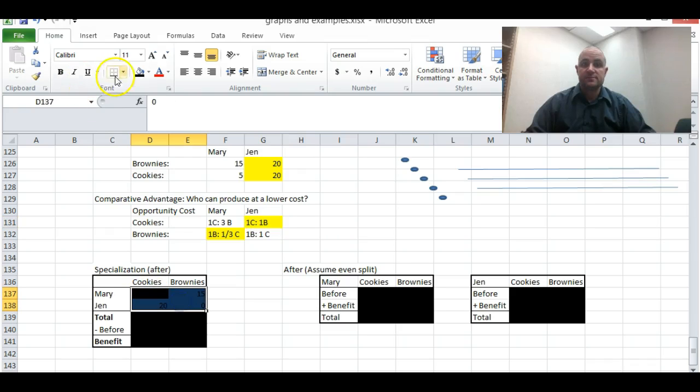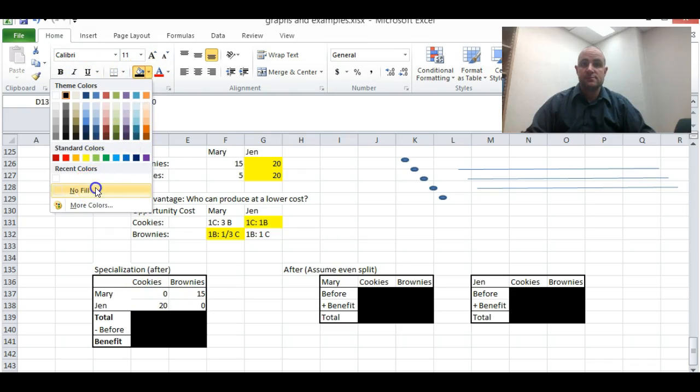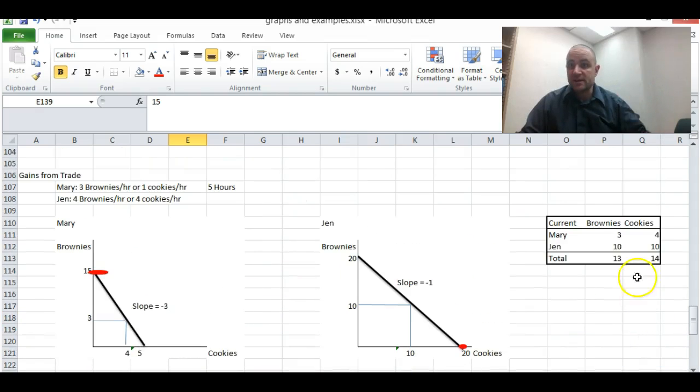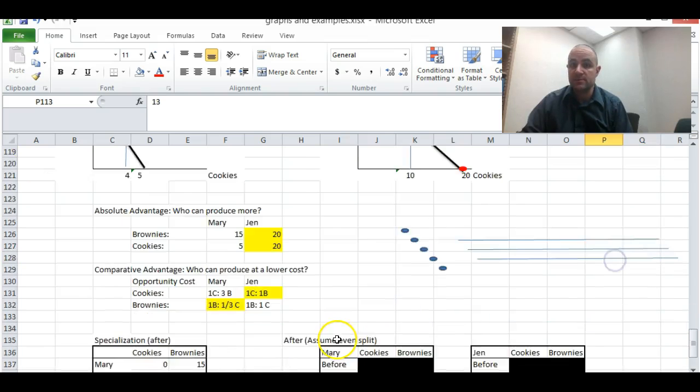Look down here, it looks like that. Mary's making no cookies, 15 brownies. Jen's making 20 cookies, no brownies. In total, they have 20 cookies now and 15 brownies. Before any kind of specialization, they had 14 cookies in total and 13 brownies.